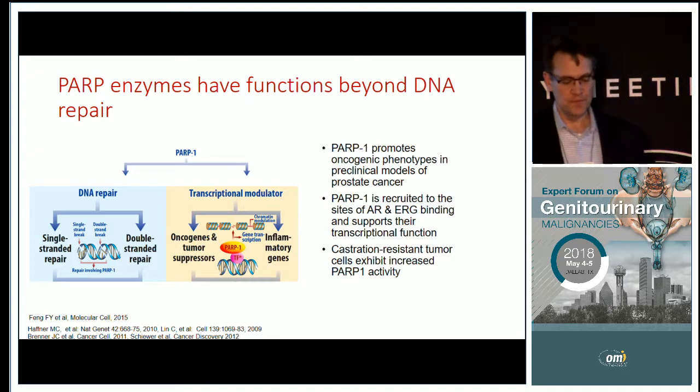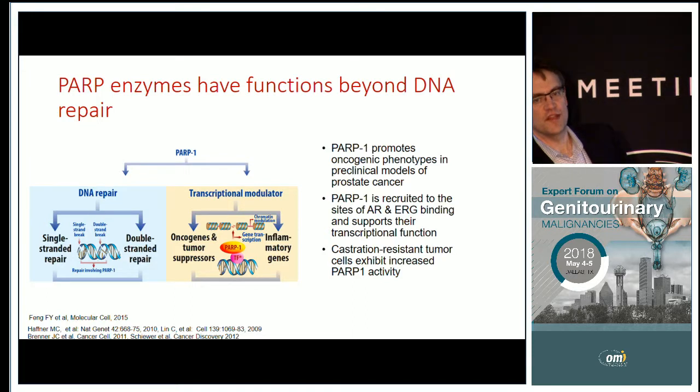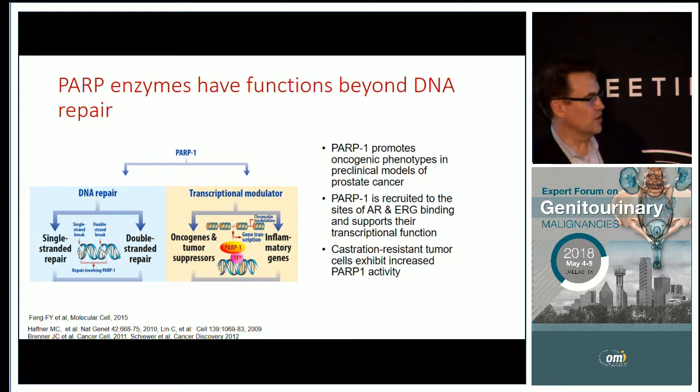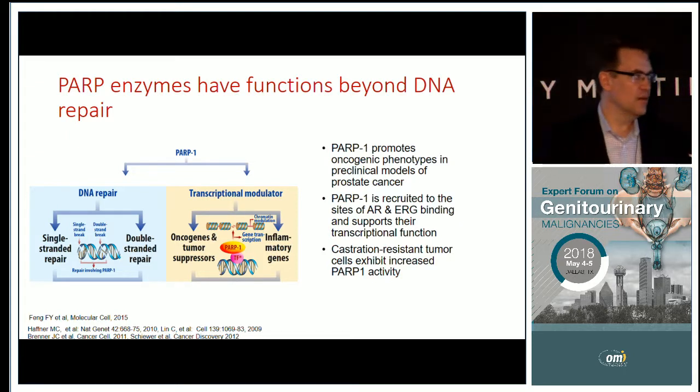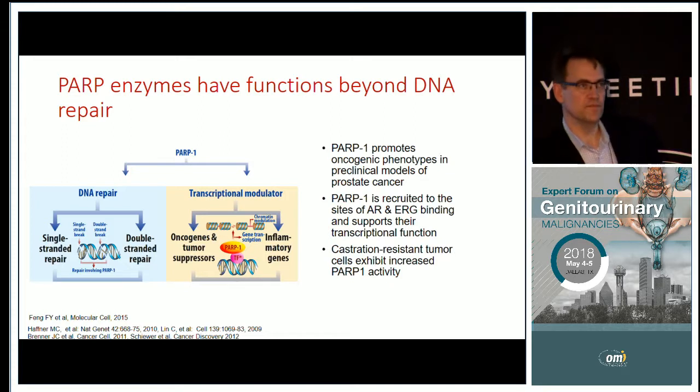Take-home message number two is that PARP enzymes actually do a lot of different things besides DNA repair, and there may be a window of opportunity here in prostate cancer insofar as we might be able to target the transcriptional modulation aspects of PARP1. PARP1 collaborates with the AR and ERG binding and supports their transcriptional function.